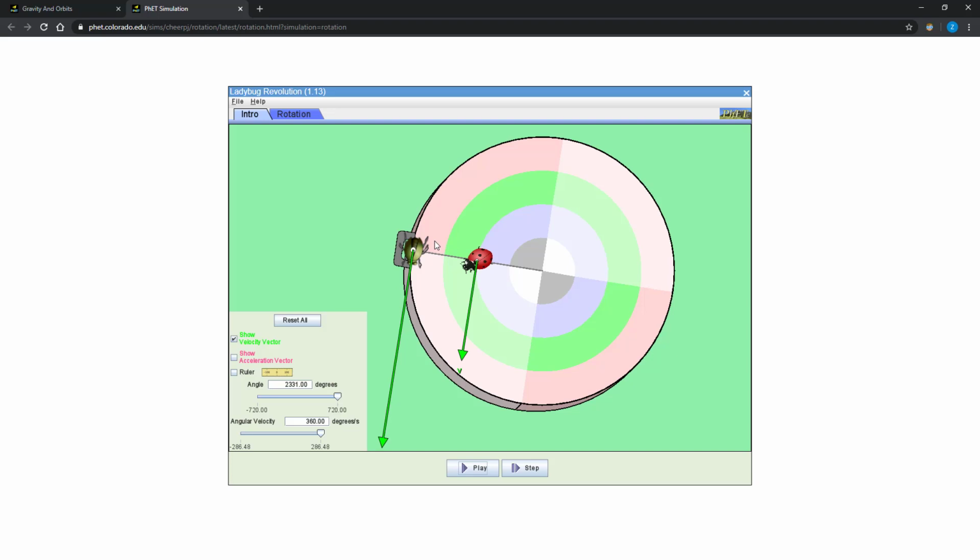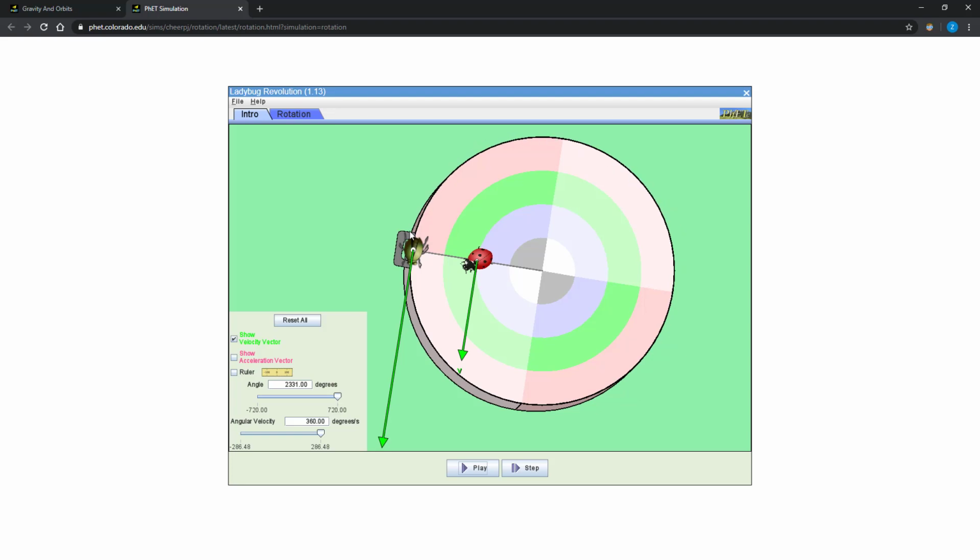So it's not too hard to think about. Both bugs have to complete the same exact amount of angle per second, and right now it's a whole circle per second. So both bugs have to complete the whole circle per second, and the ladybug is closer to the center, so the radius is less and the circumference is less. And here this other bug, maybe it's a dung beetle, I really am not familiar.